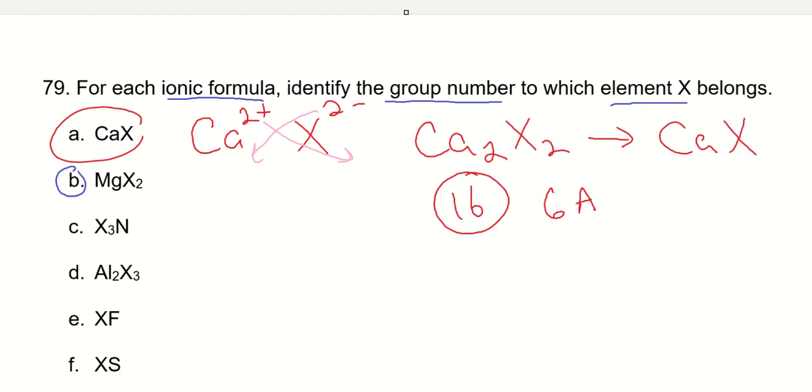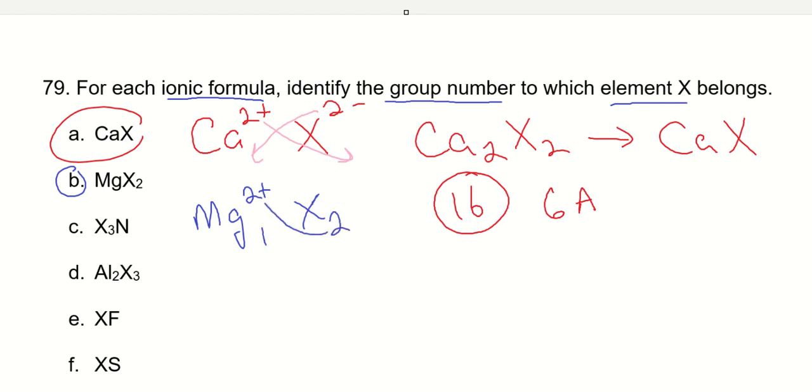So let's do the same thing. Magnesium, we know, is a group 2 element, so its most stable ion is going to have a 2 positive charge. Now we're looking for the charge of the ion for element X. That'll tell you what group it is. Now there's a subscript of 2 there and 1 there.